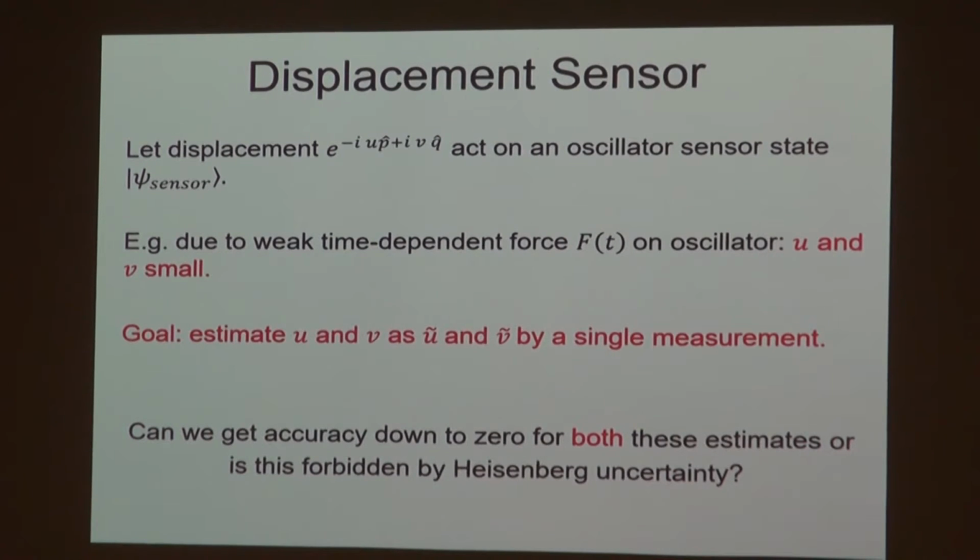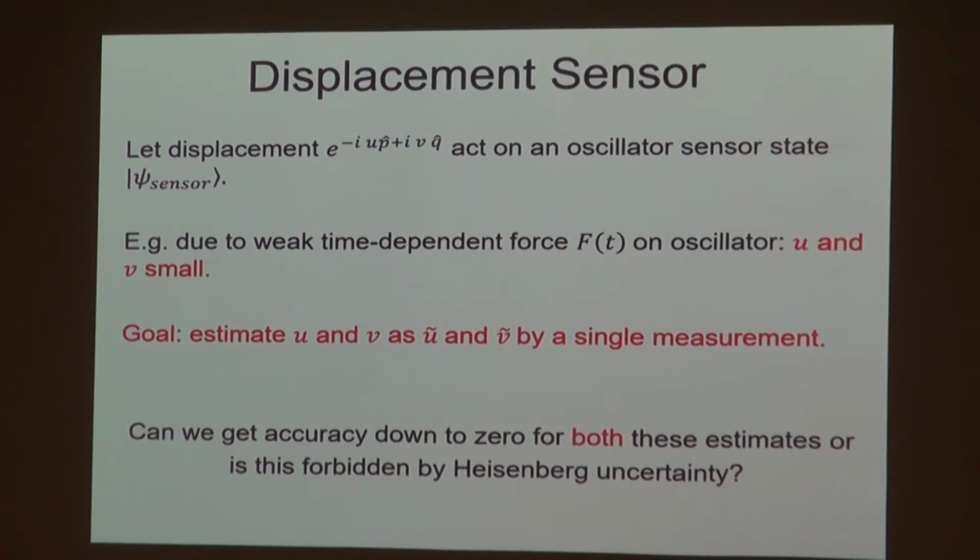One thing, which in some sense is obvious if you know this grid state, but on the other hand was not at all discussed, is this problem. Now I don't want to encode a qubit in an oscillator. I want to prepare one sensor state in the oscillator. What's a sensor state? It should be a state that is sensitive to small displacements.